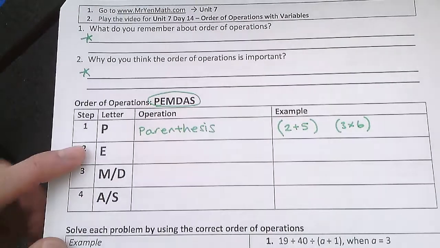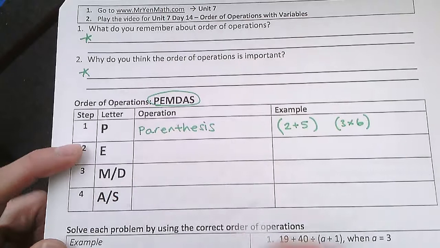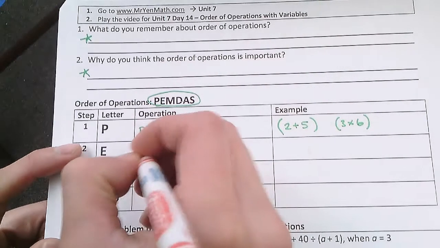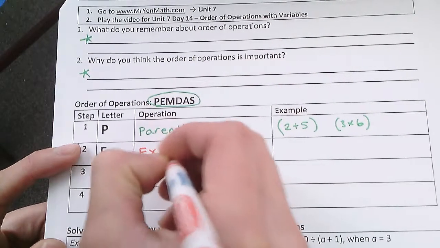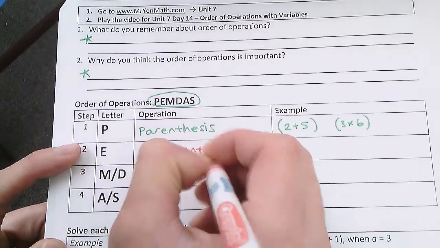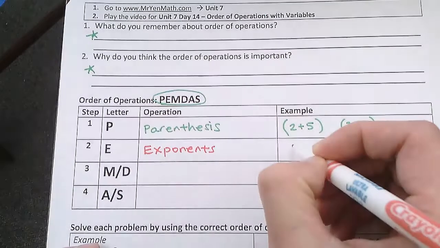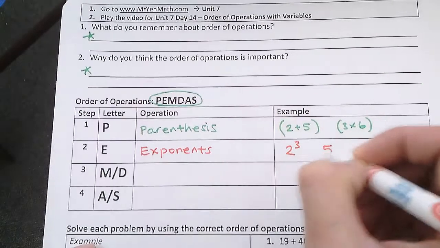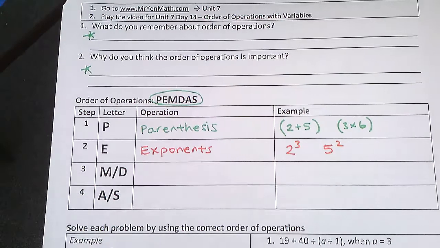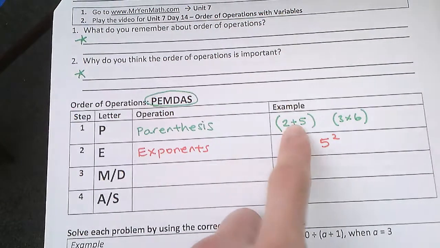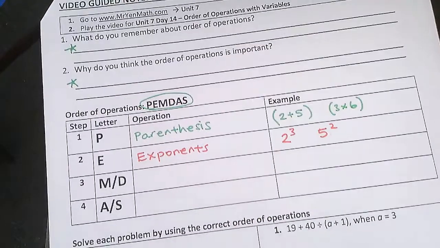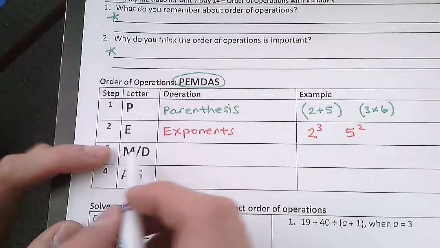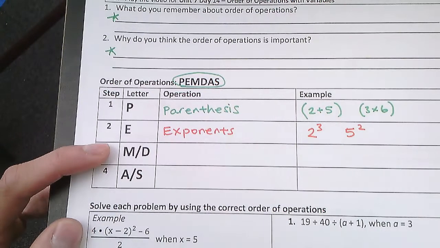Next, the E, do you remember? Stands for exponents. Right, that's like 2 to the third power, or 5 squared. So after we've checked and finished any parentheses and then finished the exponents, the third thing that we're going to do is the M and the D. Do you remember that?